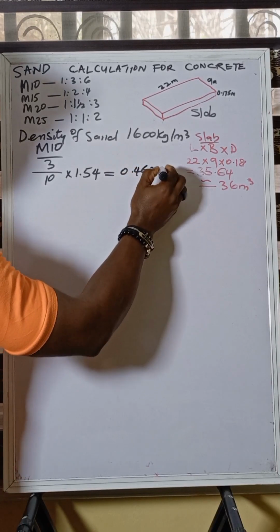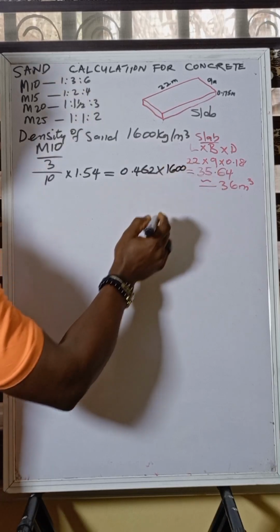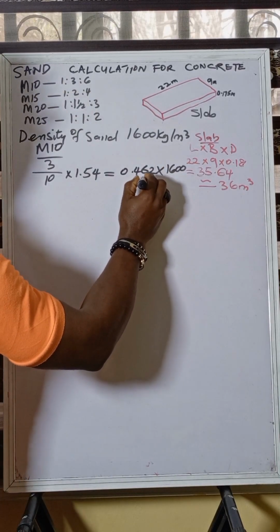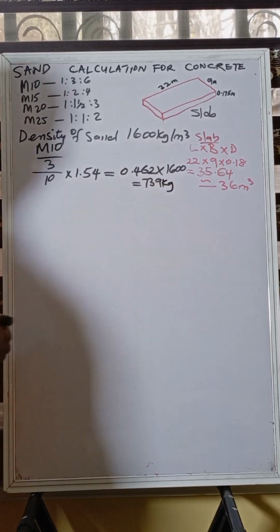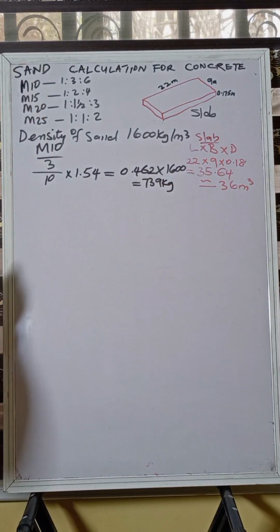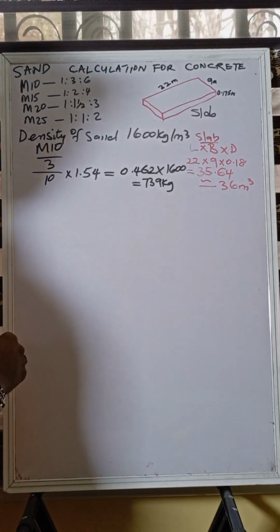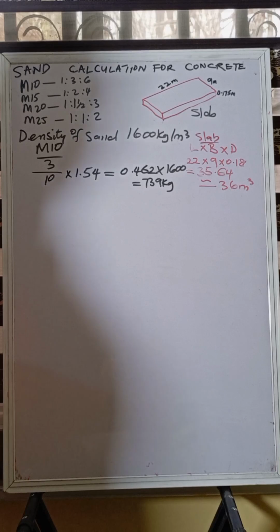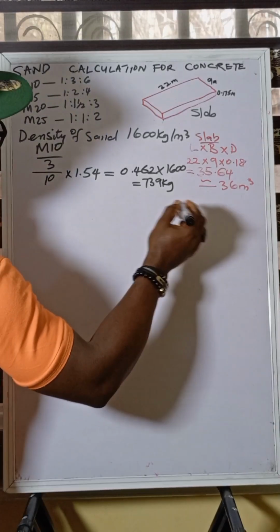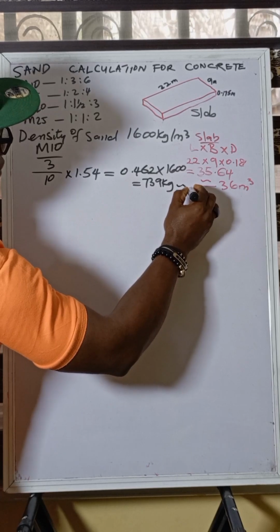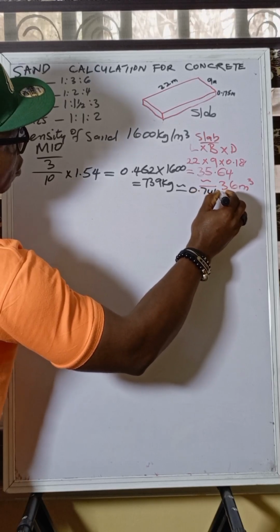If we multiply this by 1,600, it will give us 739 kg. So for M10 of concrete, what will be required is 739 kg of sand, which is approximately 0.74 tons.